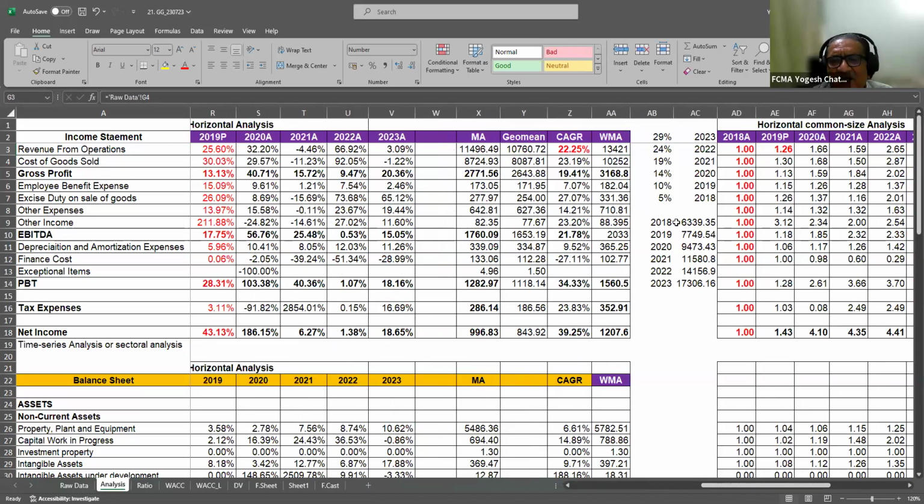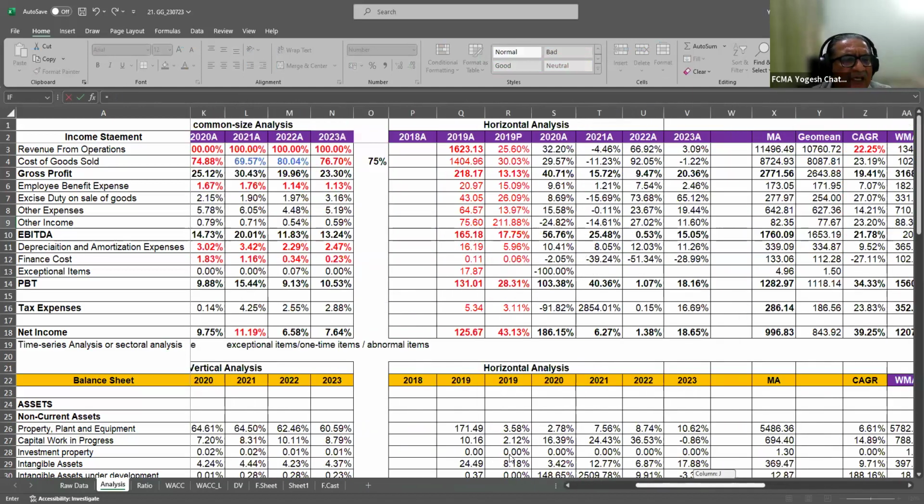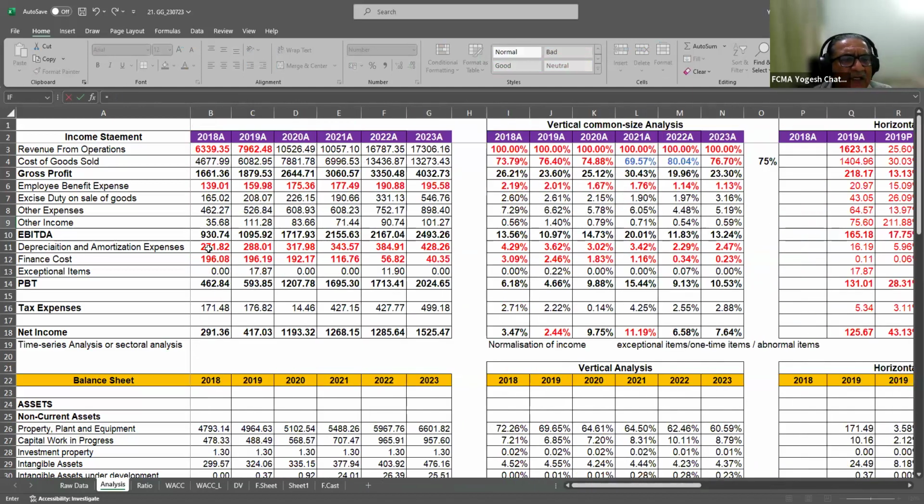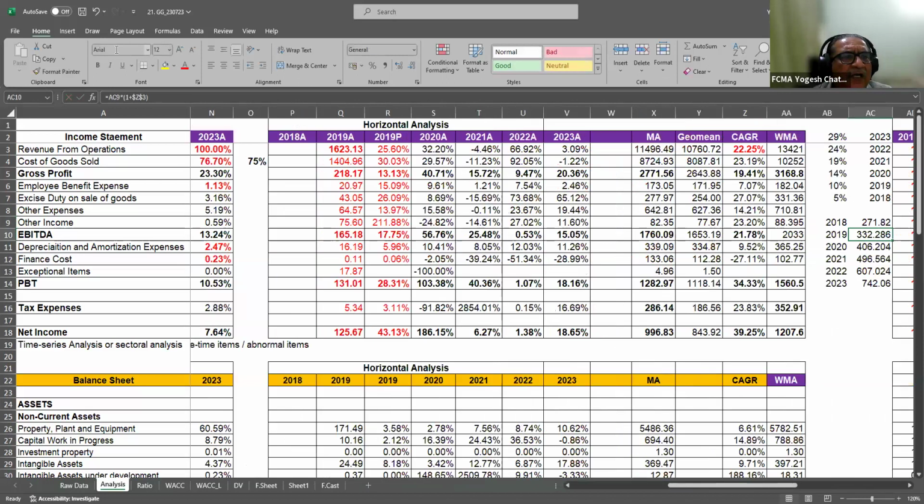Like that, you can check any other component. Supposing we are doing that for the depreciation expenses. So the depreciation expense in 2018 is 271.82, and the compounded average growth rate of depreciation is 9.52.